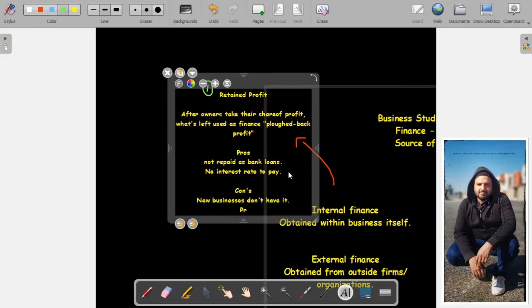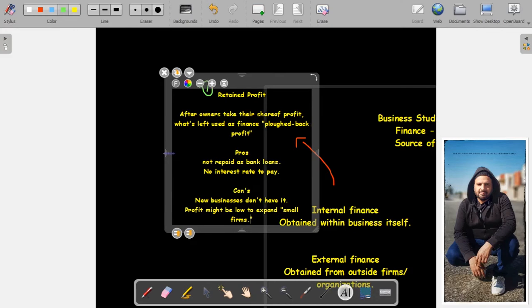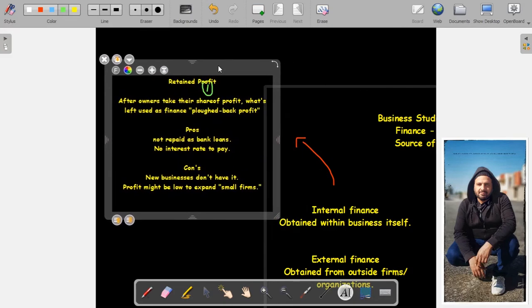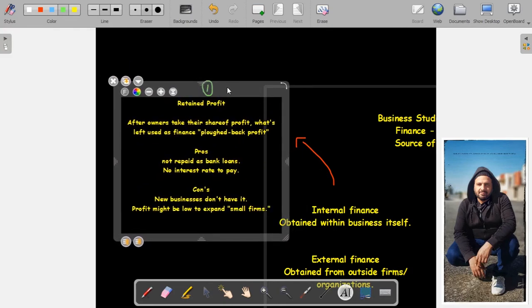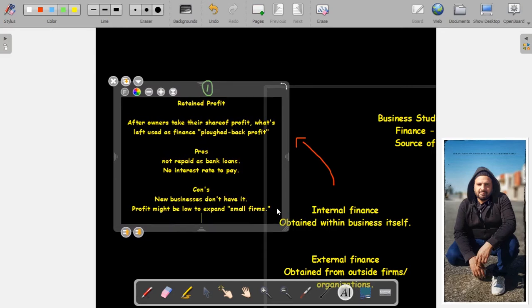Profit might be too low to expand, and we're talking about small firms here. This is the second problem regarding this internal finance method.